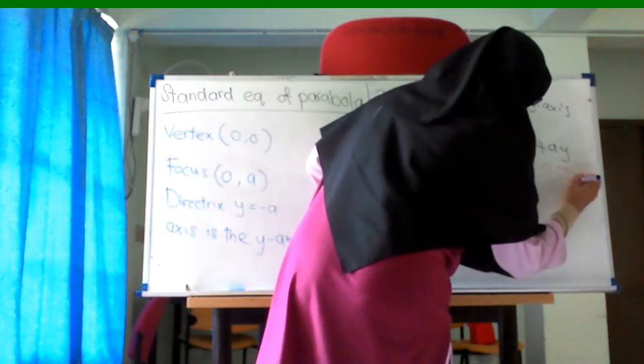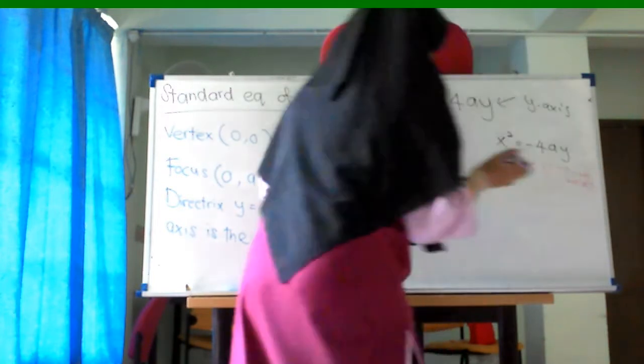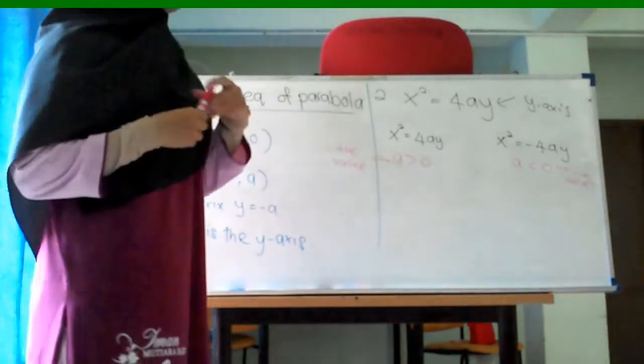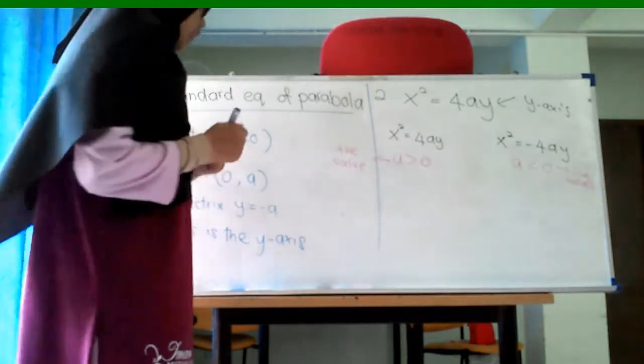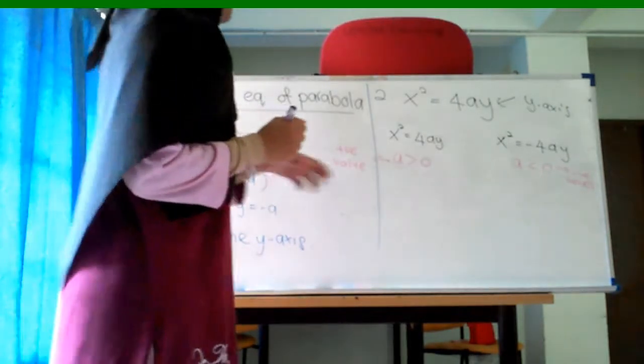How does the graph of the parabola form when a is greater than 0?